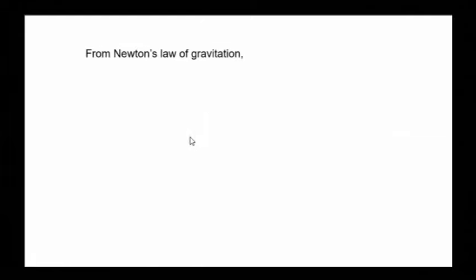From Newton's law of gravitation, we know that the gravitational force between two objects is directly proportional to the product of masses of both objects, and it is inversely proportional to the square of distance between the two objects. This is also known as a relation. But to calculate the value of gravitational force, we need an equation.